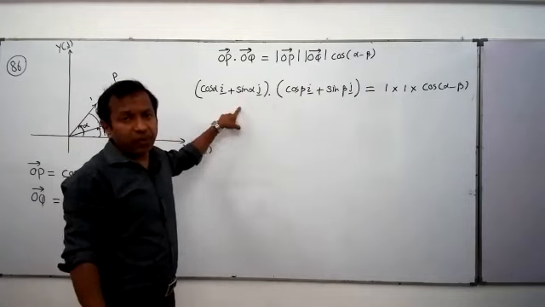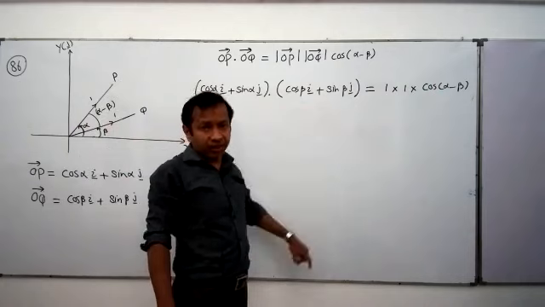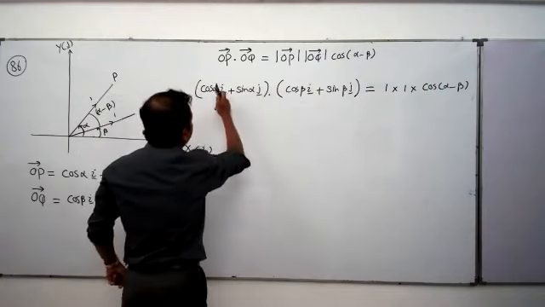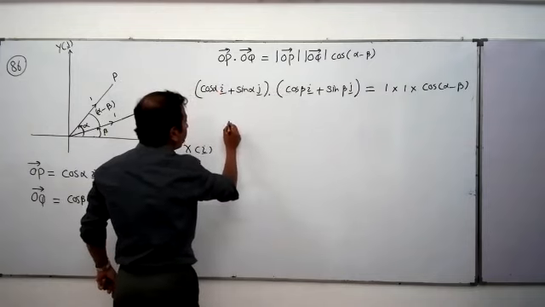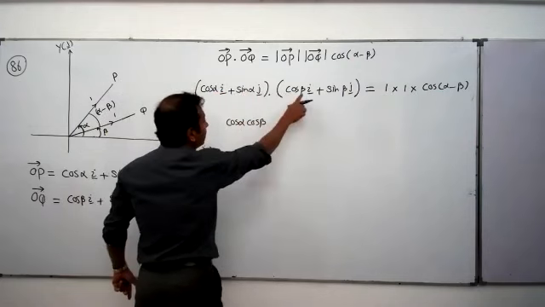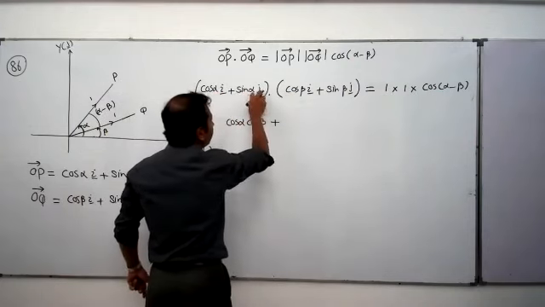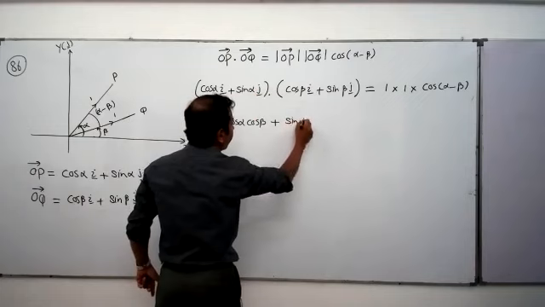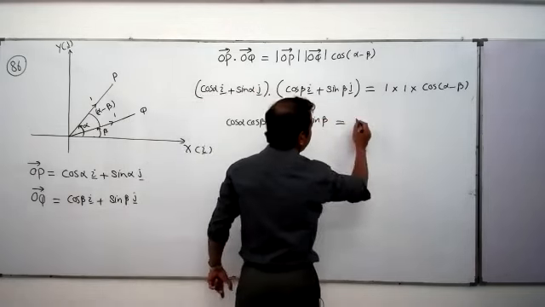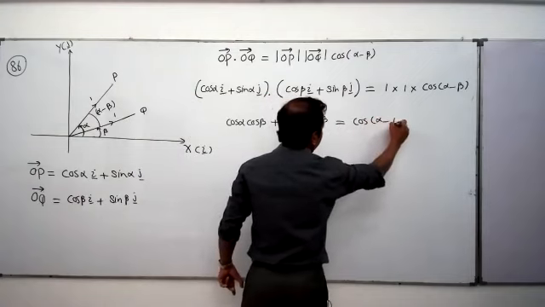In the brackets we have two vectors having i and j. Then how to multiply? We multiply the i coefficients: cos alpha cos beta, plus the product of the j coefficients: sin alpha sin beta. On the right hand side, cos alpha minus beta.